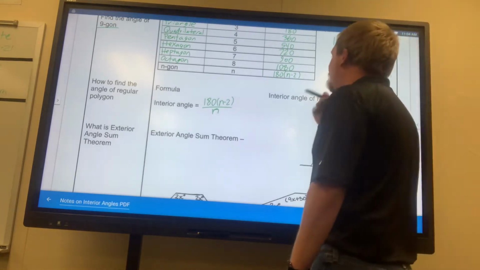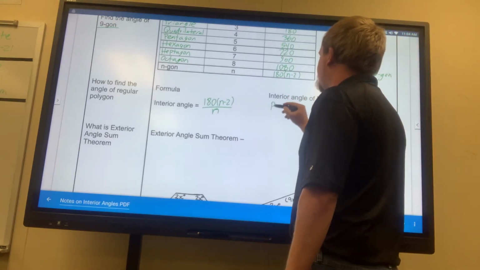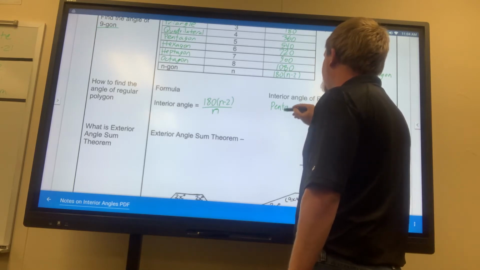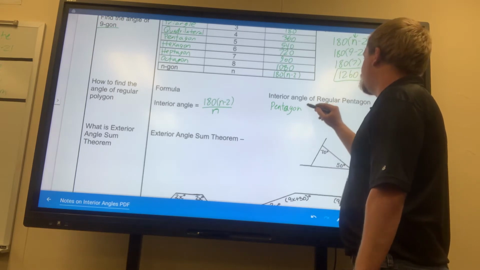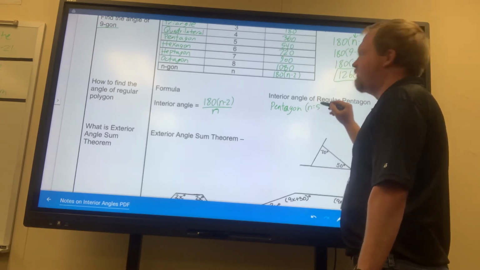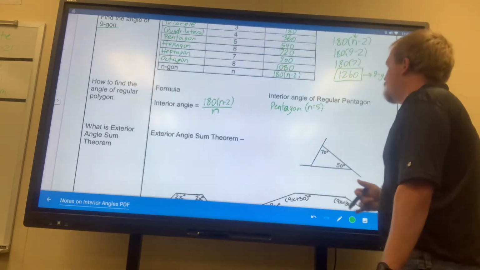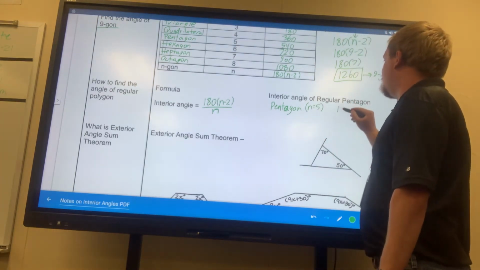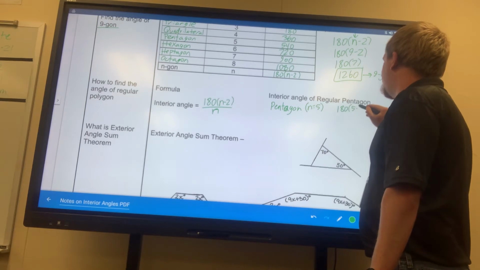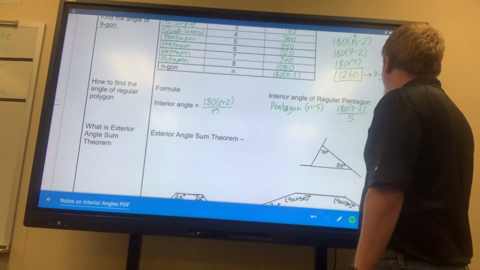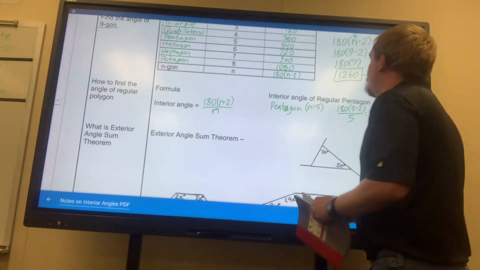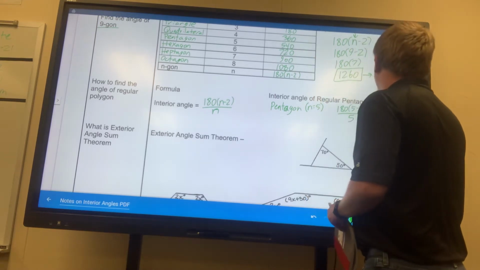So for example, if I'm looking for the angle of a regular pentagon, remember, that's 5 sides. So what we have to do is 180 times 5 minus 2, over 5, which we know to be 180 times 3 over 5. That's 540 divided by 5.